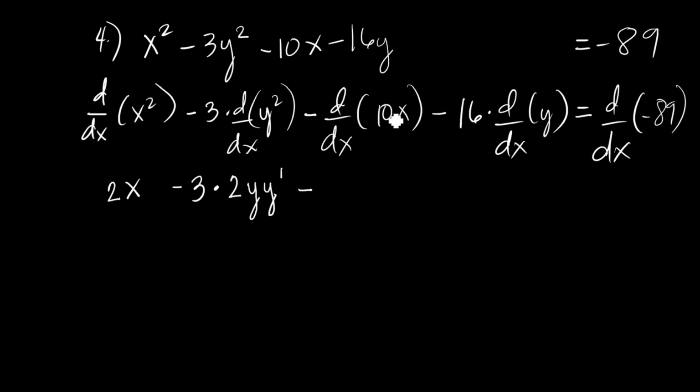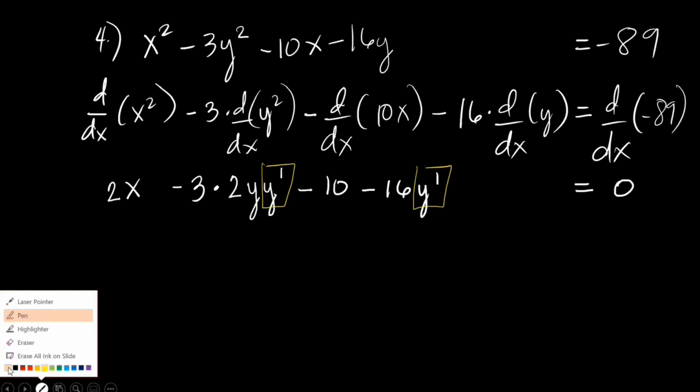Next, minus 10x, by constant multiple, so the derivative of 10x is 10. Minus, so we do have here 16, the derivative of y with respect to x, which is y prime. The derivative of negative 89 is 0 because it is a constant. And then again, we need to isolate the terms with y prime on one side only.